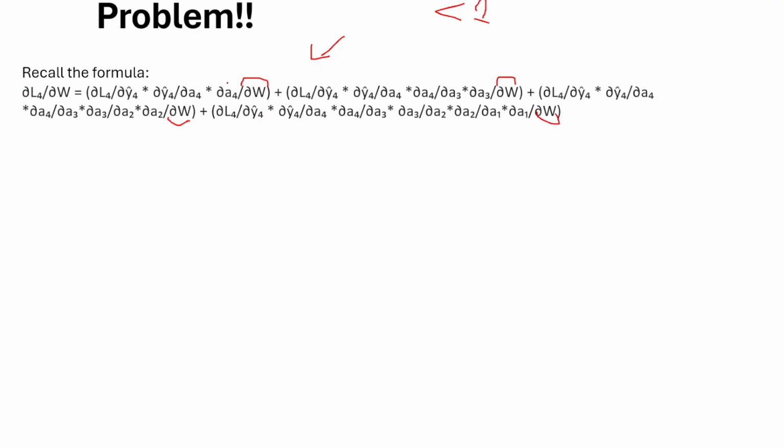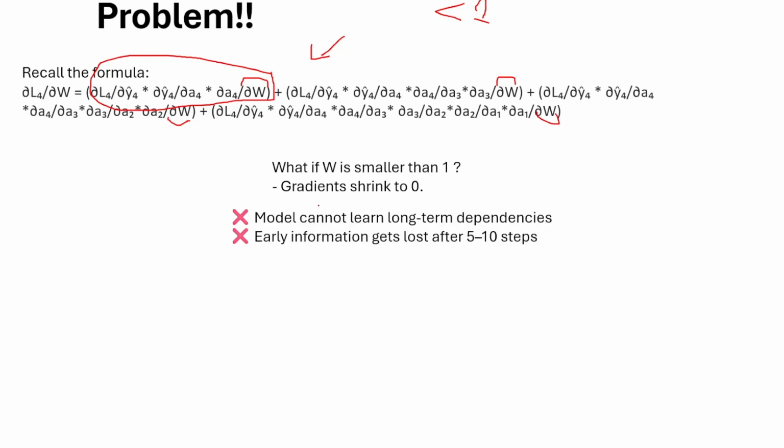This would be very close to 0 because we're multiplying by basically 0. This one right here also, this one also, and this one also. So 0 plus 0 plus 0 plus 0 is 0 here. So the gradients would shrink to 0. So the model cannot learn long-term dependencies.